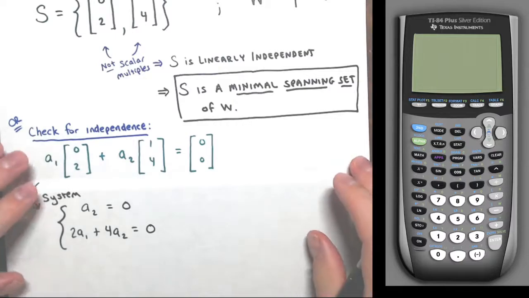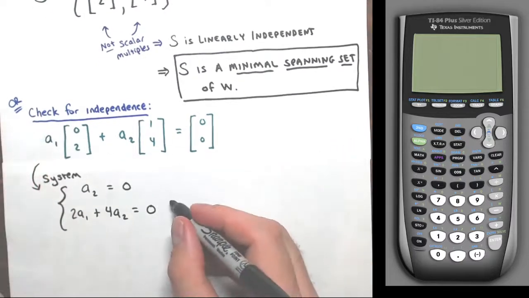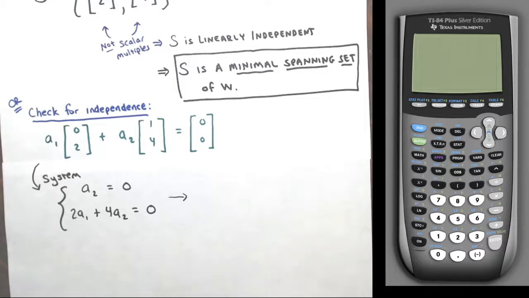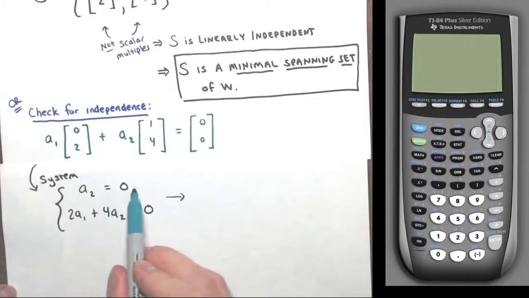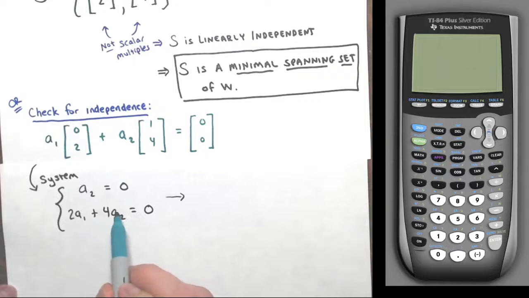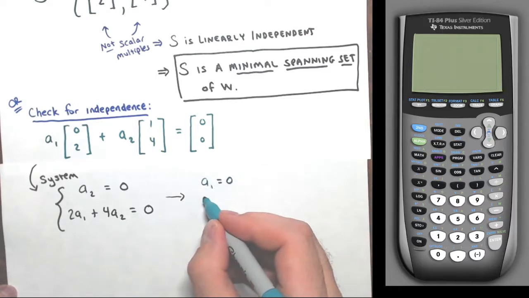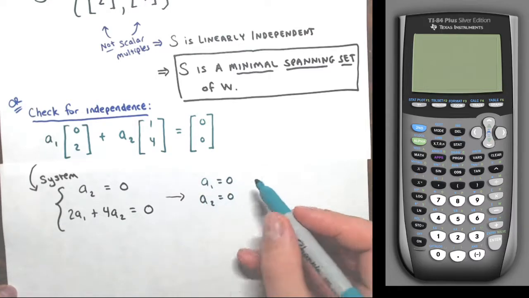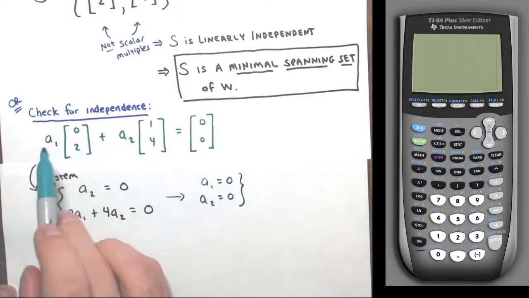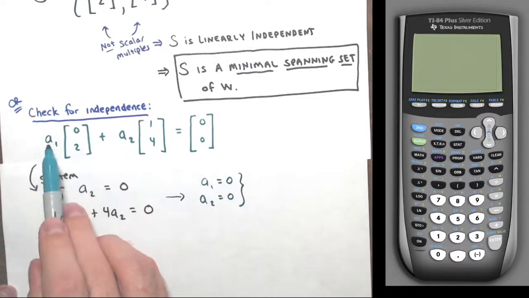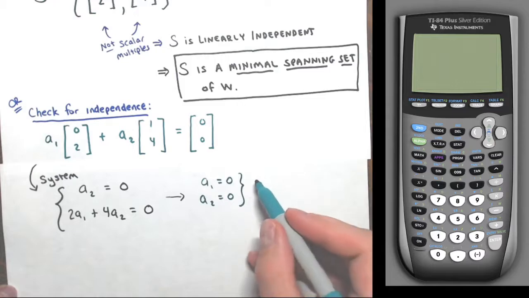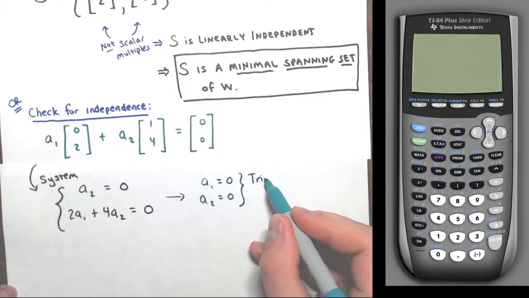It's obvious here that A2 must be 0 clearly. And if A2 is 0, then this term would be 0, and then you'd have 2 times A1 equal to 0, so A1 would have to be 0, and A2 would have to be 0.